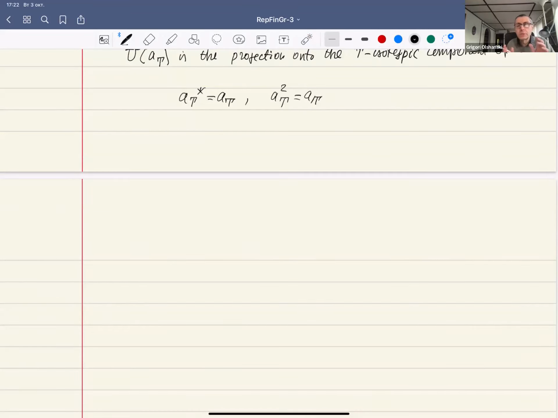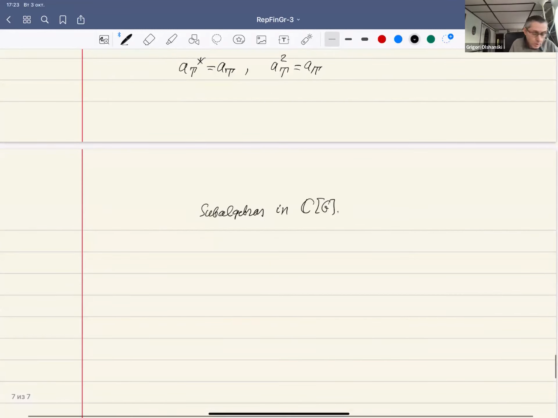Now I want to discuss material which is also standard, but maybe not so popular in the textbooks. Let's call it subalgebras in the group algebra. What subalgebra do I mean? Assume as above G is a finite group and H is a subgroup.